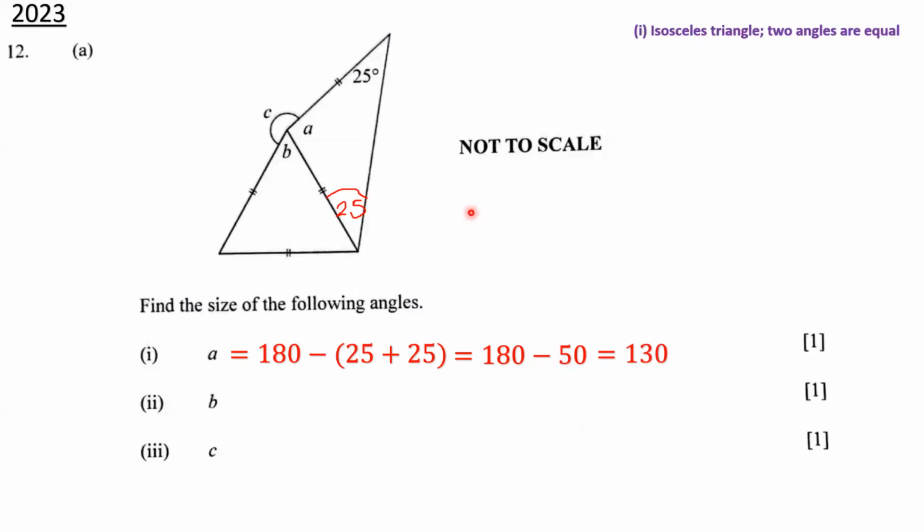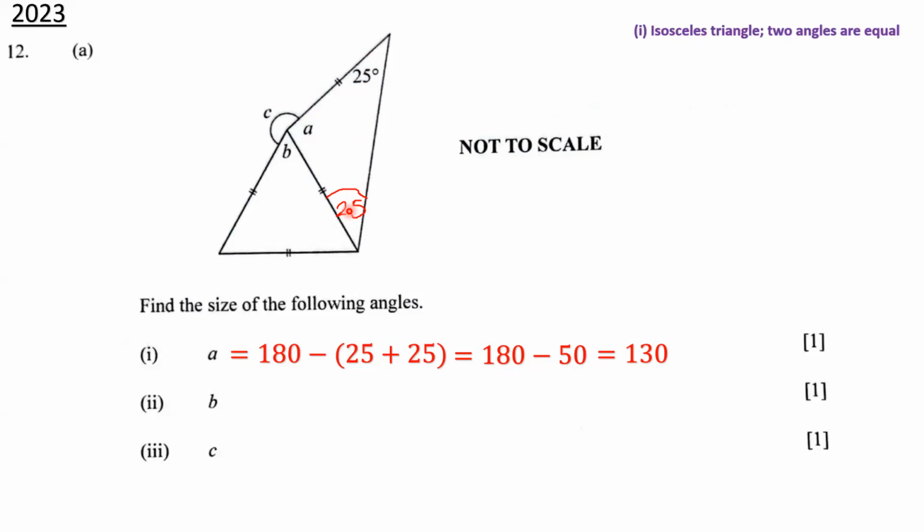So A has to be 130 degrees, because if A is 130 and the other two angles are 25 and 25, add them all together and you will definitely get 180.